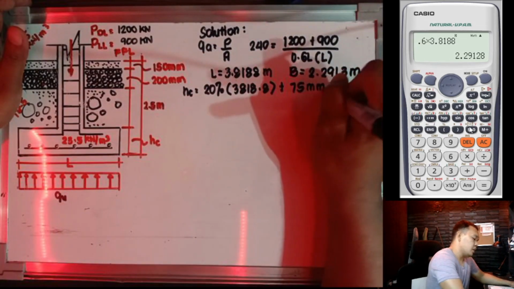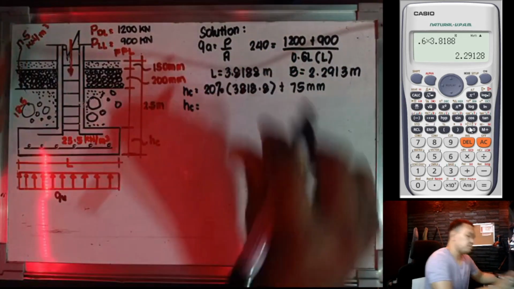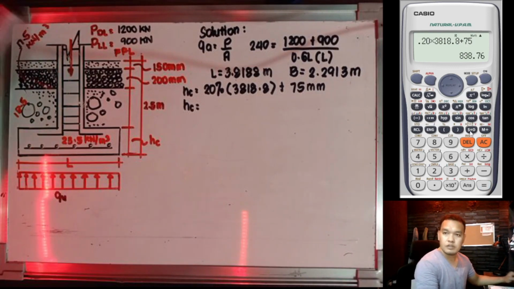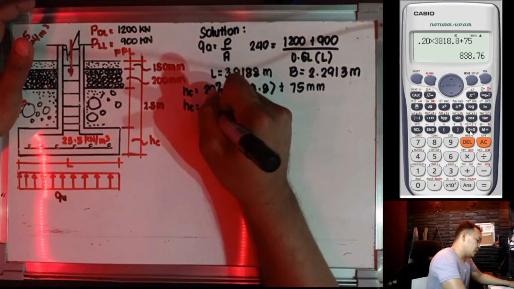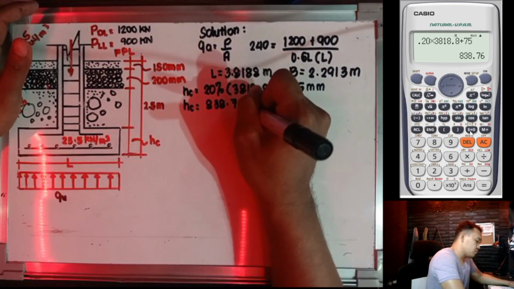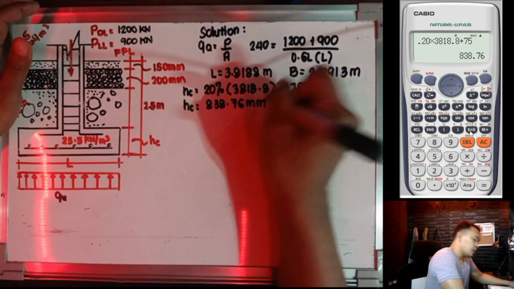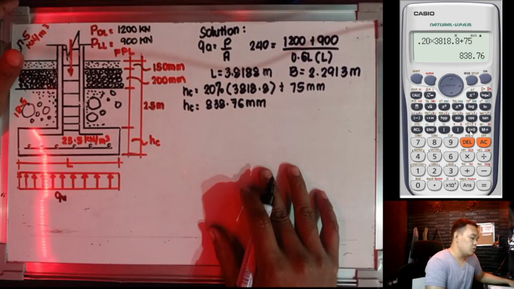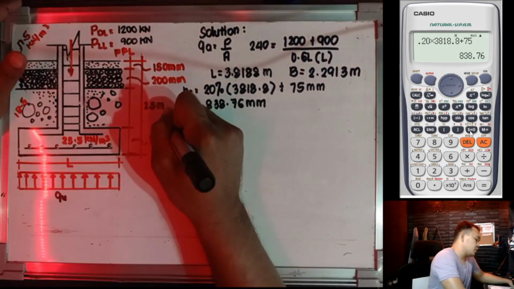So we have here HC is equivalent to 0.20 multiplied by 3818.8 plus 75. So we have here 838.76 mm.